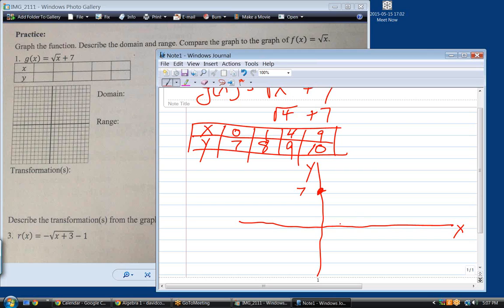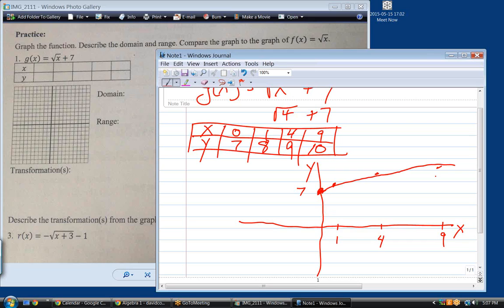When x is 1, y is 8. When x is 4, y is 9. When x is 9, y is 10. So there's a collection of points, okay? And if I connect those, that's my graph.